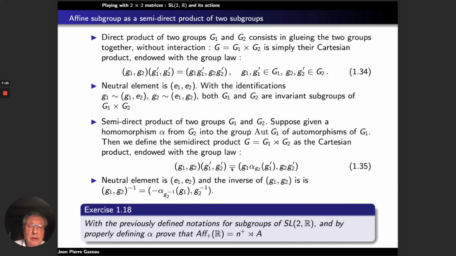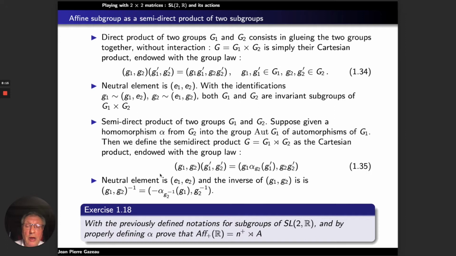It is given by, for the first element, G1 times the action of the automorphism alpha of G2 on G1 prime, and here we take just the product of G2 with G2 prime.